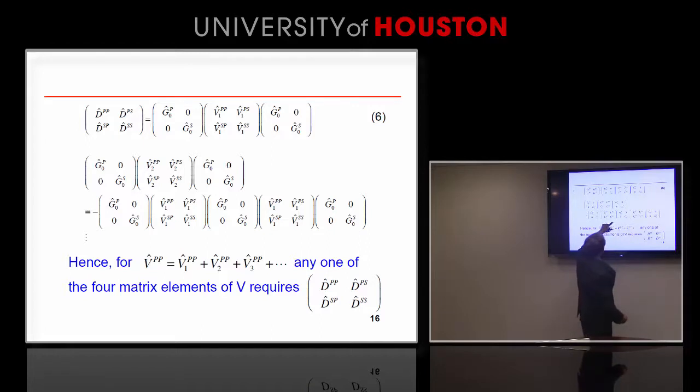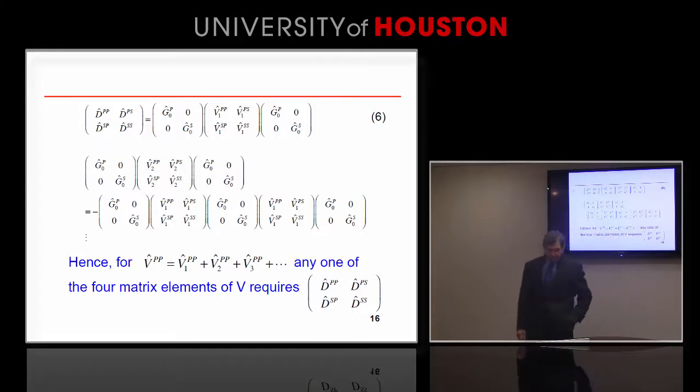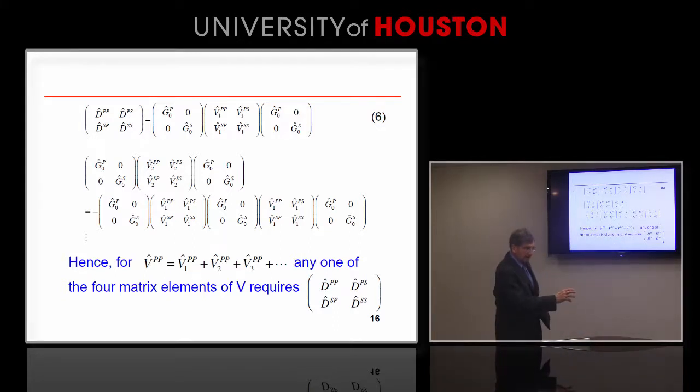This couples. If you want one component of V2, PP, because you're after VPP, then you need all components of the data. And not only do you need it, this inverse series, which is as firm as that operator identity, tells you exactly how to use that multi-component data. It says you need multi-component data and what you do to that data to get a direct inverse.